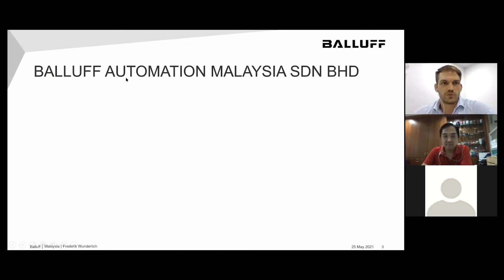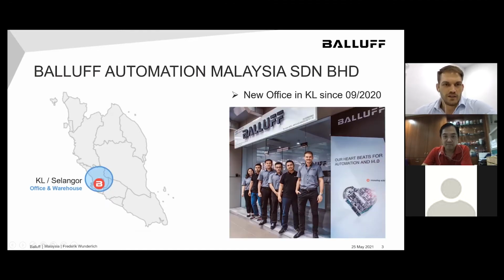Last year, we incorporated Baloof Automation Malaysia, Sendirian Berhad. So you can see here on the right side a picture of our KL team and of our office. We are based in Puchong in Selangor, and here's our head office as well as our warehouse.